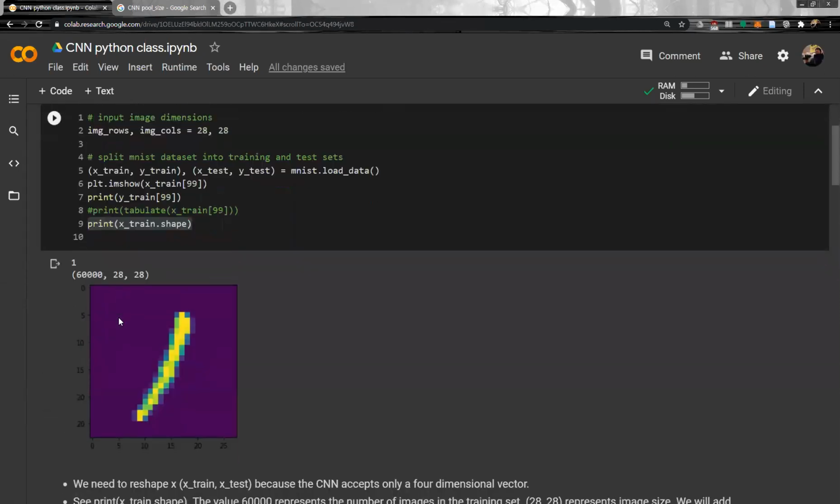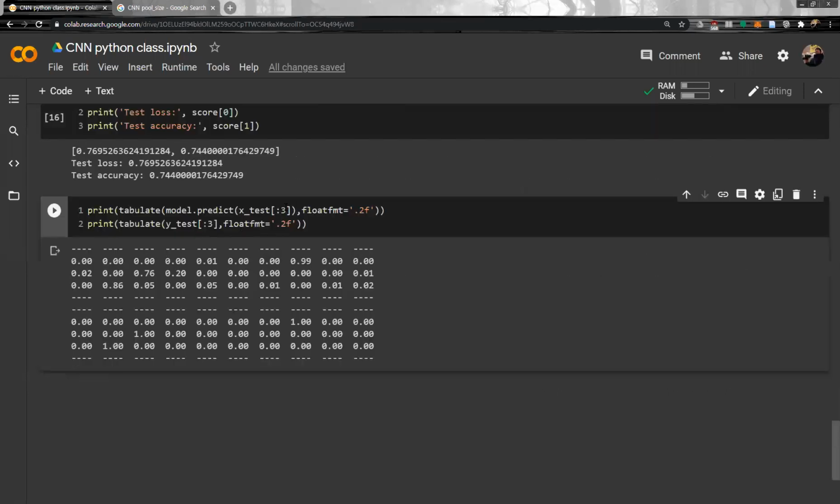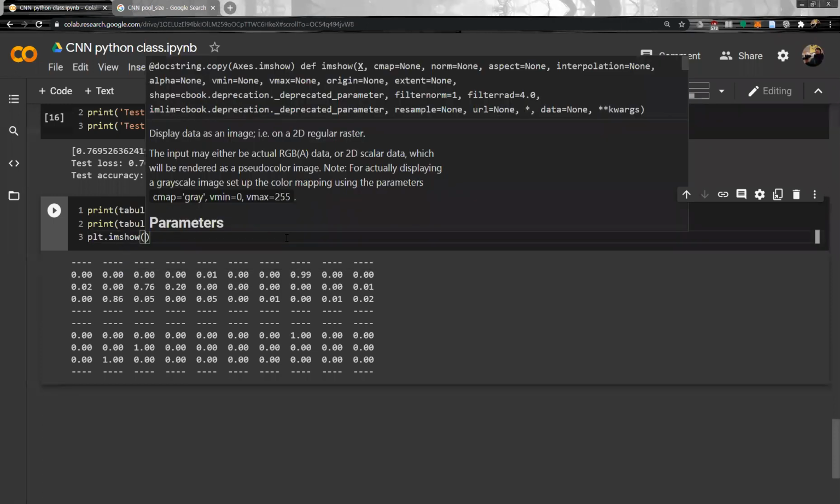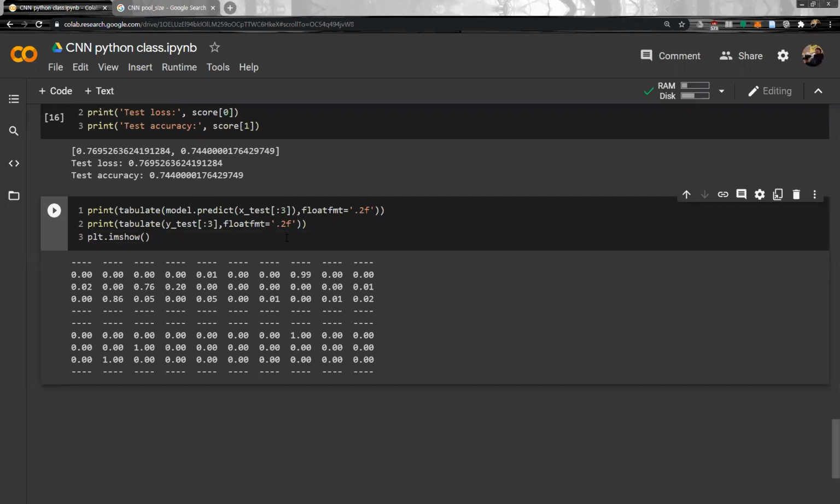And then how about we actually see the image? Actually, I become curious about actually seeing the image of the test one. So yeah, image show, image show, and then let's see Y test.